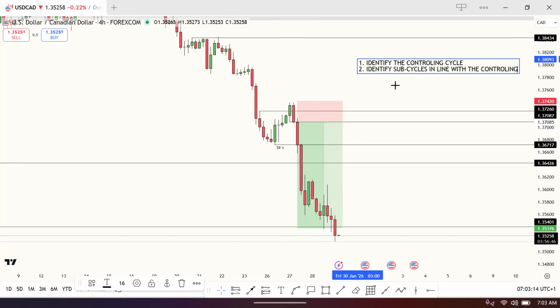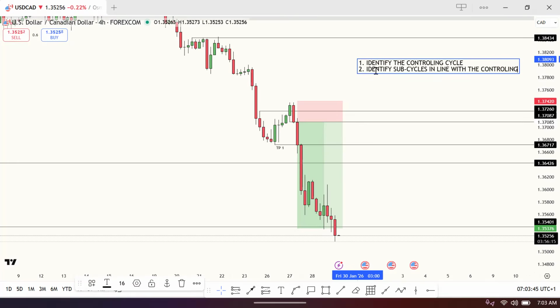So the very first thing I want to do is identify the controlling cycle. The second is to identify subcycles that are in line with the controlling cycle. I already explained this in the YouTube video. I said that once you have a controlling cycle, you want to ignore subcycles that are in the opposite direction of the controlling cycle.